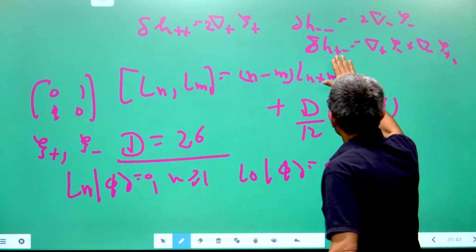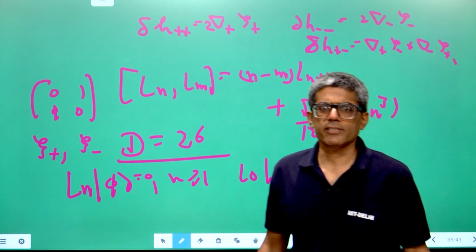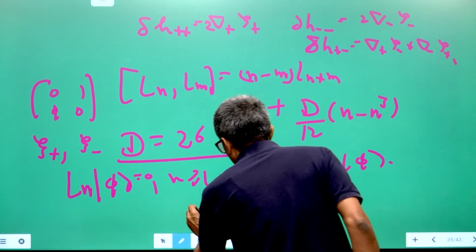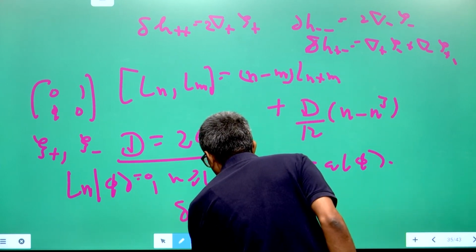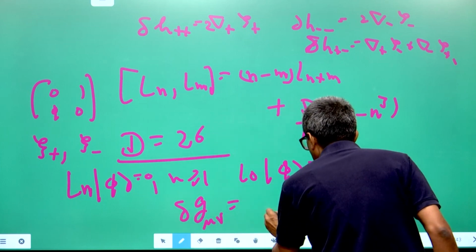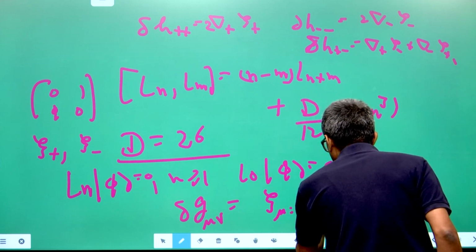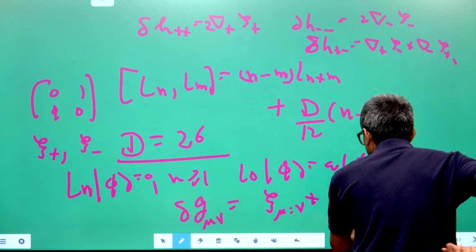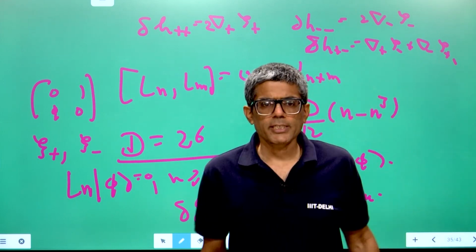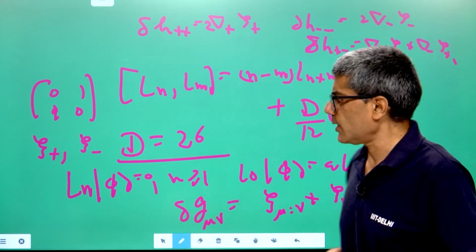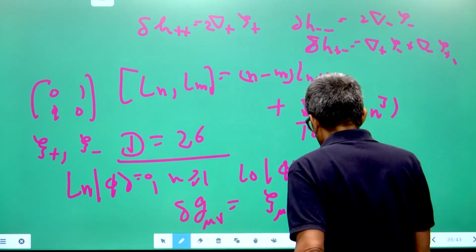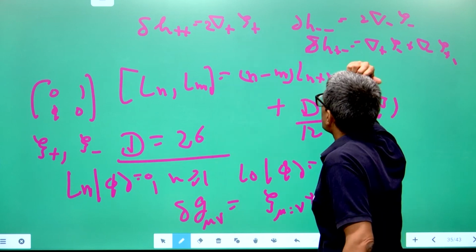This is the change of the metric under an infinitesimal change of the coordinates. This is called the Killing theorem. In general relativity, Killing's theorem tells you that the change in the metric delta g_{mu nu} is equal to xi_{mu;nu} + xi_{nu;mu}. This comes by using the standard formula for the change in the metric components under an infinitesimal diffeomorphism. So if you apply this to the string, you get this.